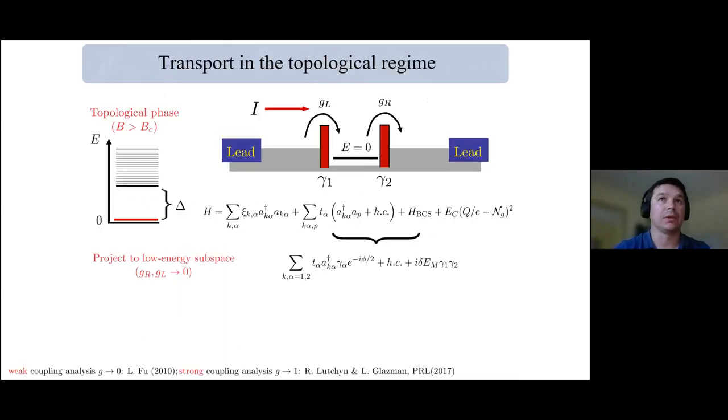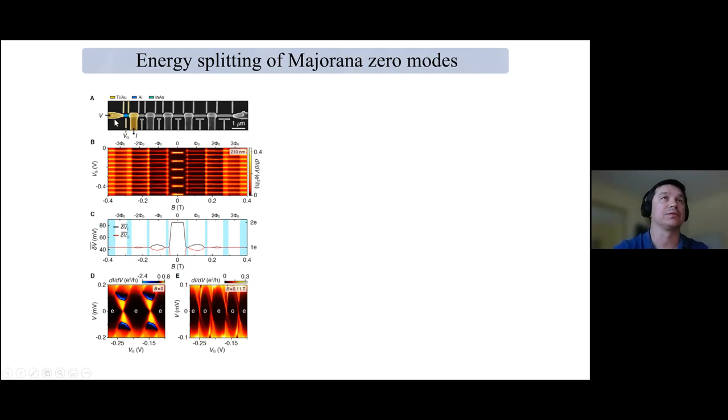So these full shell wires are actually a pretty nice system for that, because we can just take one long wire and etch different regions and make sure that we have different lengths of devices, and then start investigating how the splitting between even and odd states depends on the length of the wire.